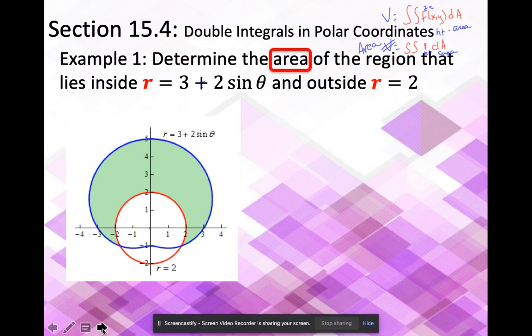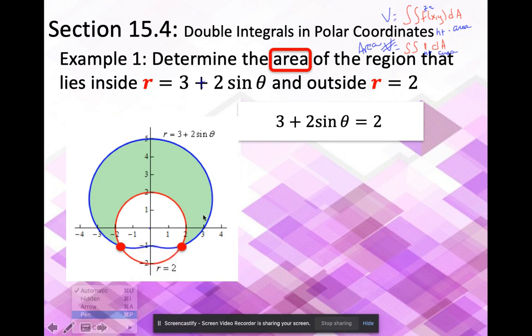So I want the area, don't want volume. So my double integral needs those points of intersection, which I get from setting one equation equal to the other, just like I do any intersection. So what do I have? 2 sine theta is equal to 2 minus 3. I'm silly. That's negative 1. So sine theta is equal to negative 1/2.